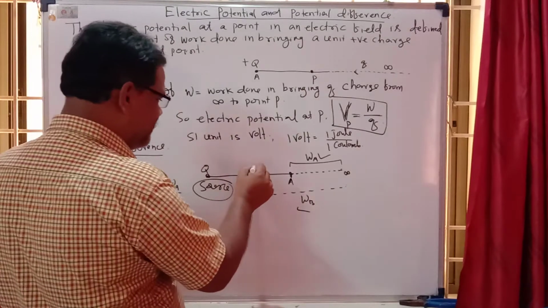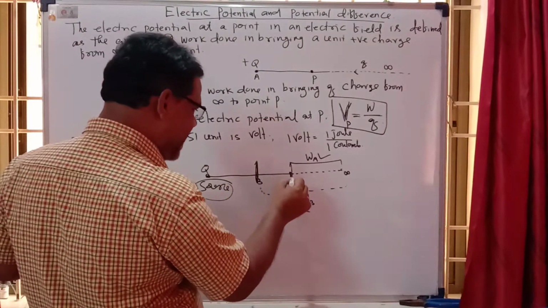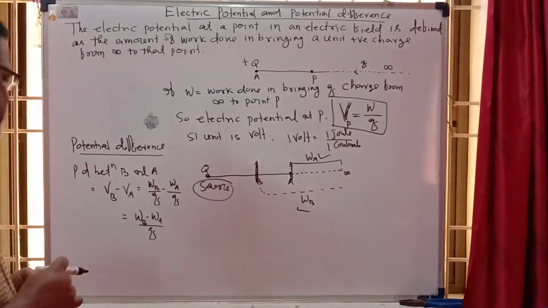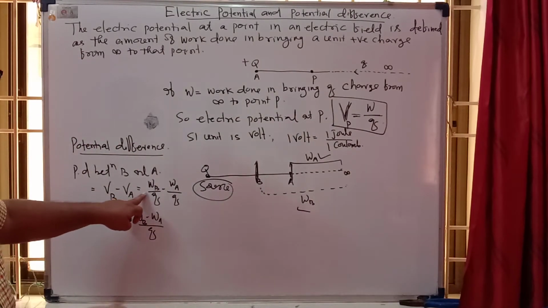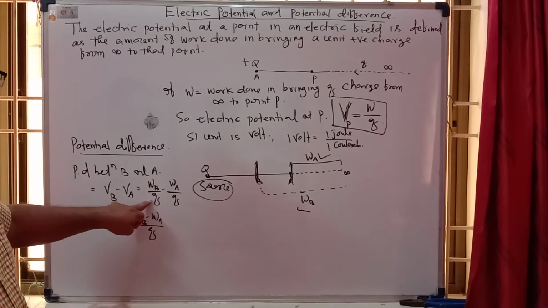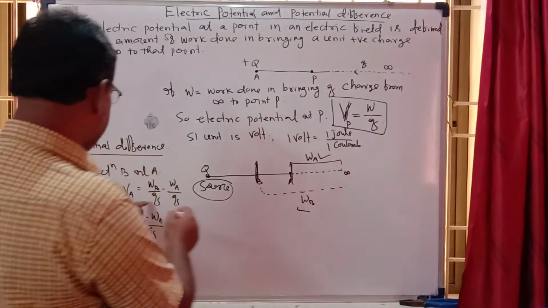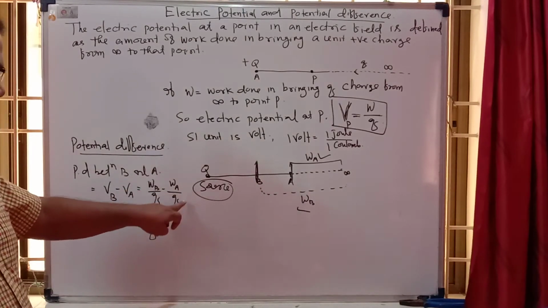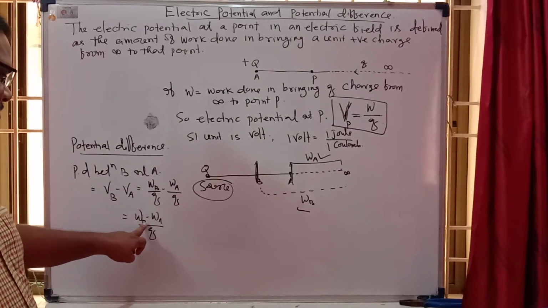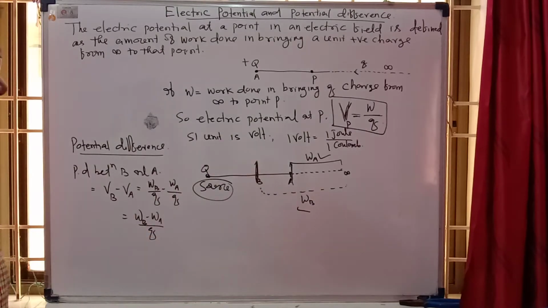The difference of the potential at point B and the potential at point A is called the potential difference. VB minus VA equals WB upon Q minus WA upon Q, and this is equal to (WB minus WA) upon Q. This is the potential difference.